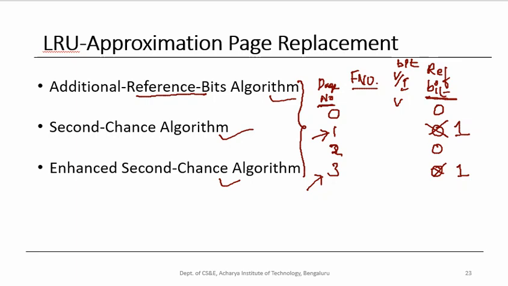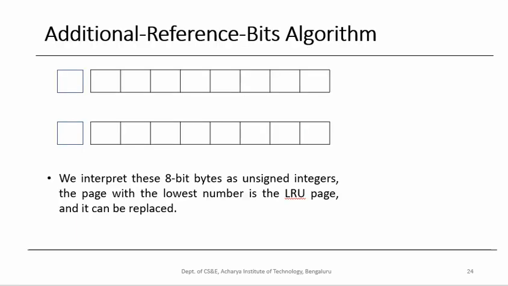I hope you understood this, because we are going to make use of this concept to understand the algorithms that I have listed. The first LRU approximation page replacement algorithm is the additional reference bits algorithm. We have had a discussion of what a reference bit is. This reference bit will tell us whether the page associated with it is referred by the CPU or not.